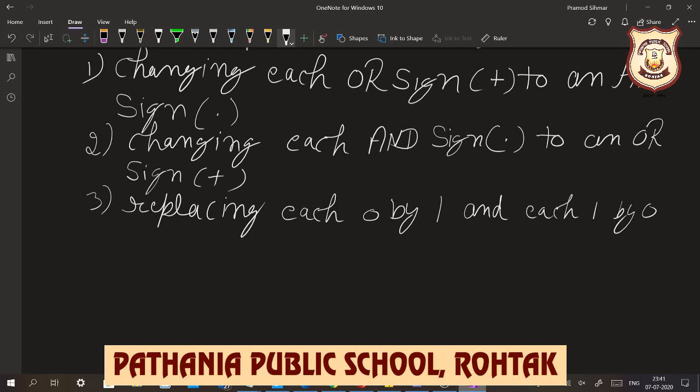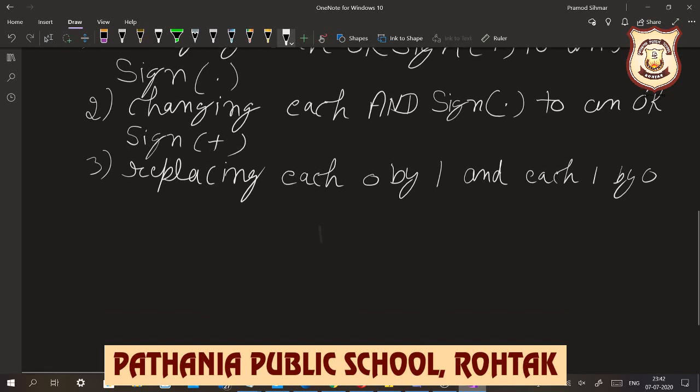For instance, we take postulate number 2, related to logical addition, or you can say the OR relation, which states 0 plus 0 is 0, 0 plus 1 is 1, 1 plus 0 is 1, and 1 plus 1 is 1.